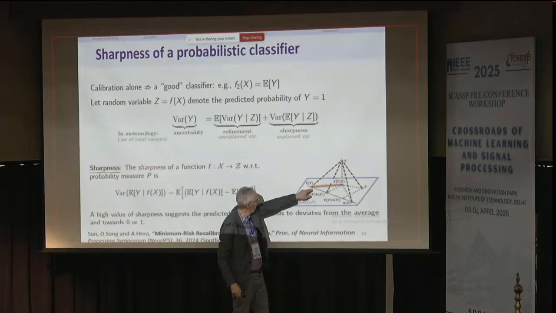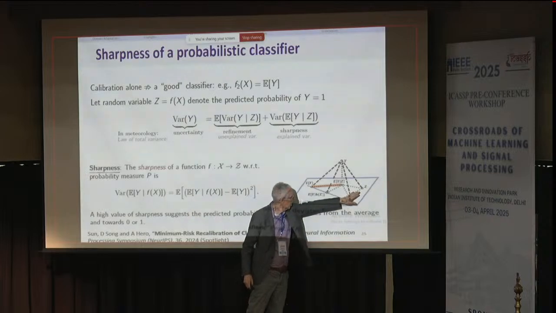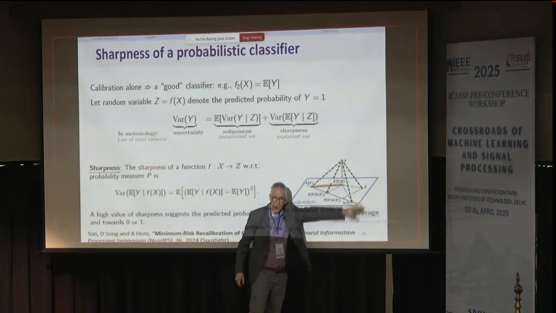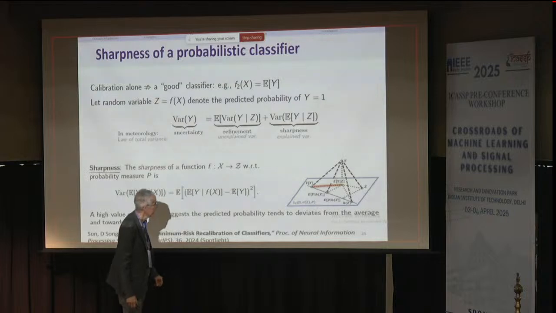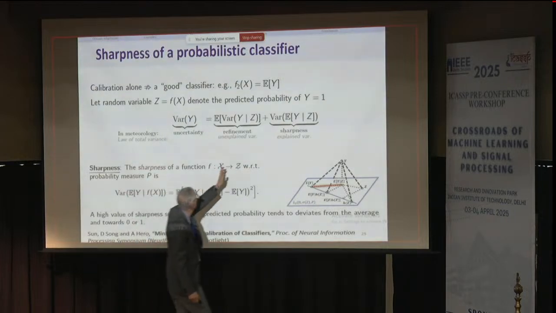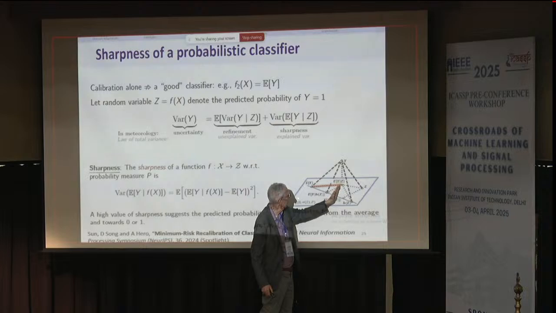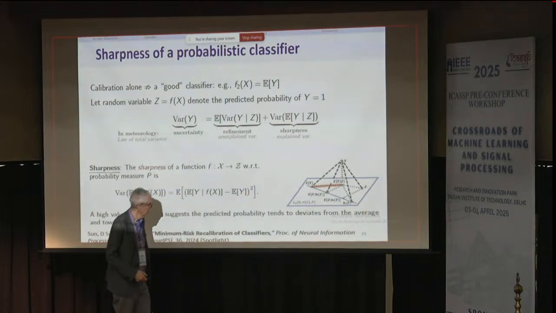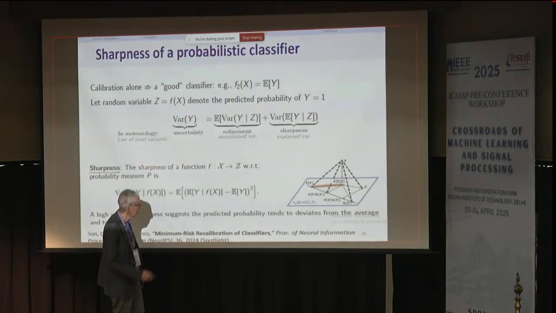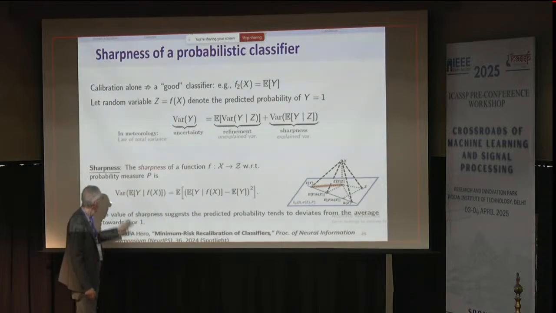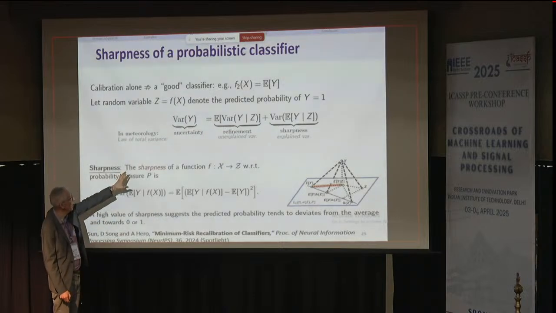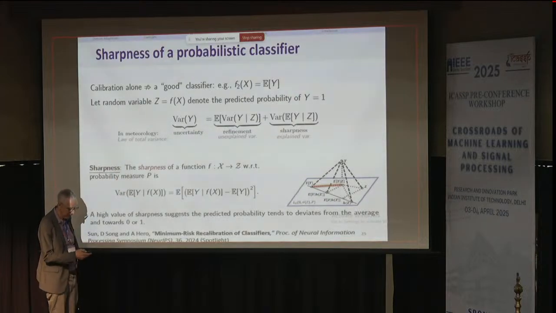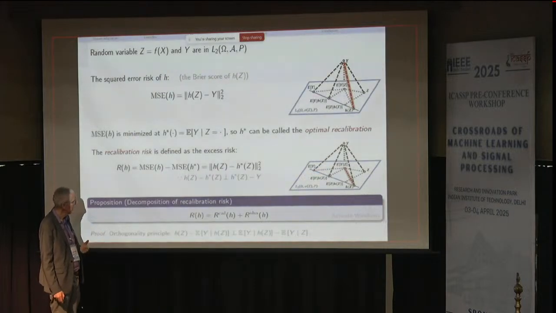It's what you can explain using any function of your output z, right, of the classifier. And then the refinement is the orthogonal component, which is not explainable by your output z, any function of the output h of z, for example. All right, so that is a decomposition of the variance of y, the law of total variance, into sharpness and refinement. That's going to become important.